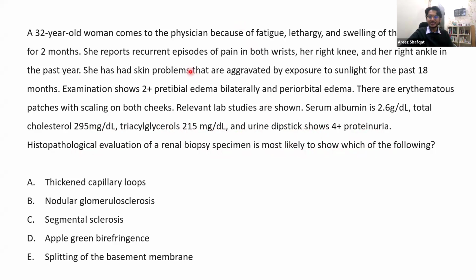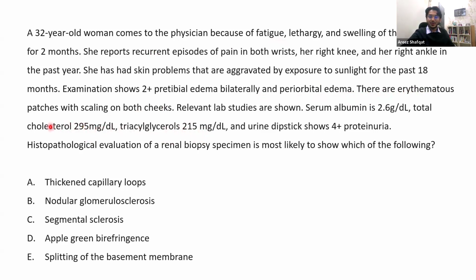Okay, so this patient, they're pointing you towards the fact that she has lupus. She has photosensitivity and she has a butterfly rash on both cheeks. And then they're asking you which kind of kidney disease SLE would cause. They are pointing towards a nephrotic syndrome because of the hypertriglyceridemia, because of the 4+ proteinuria.